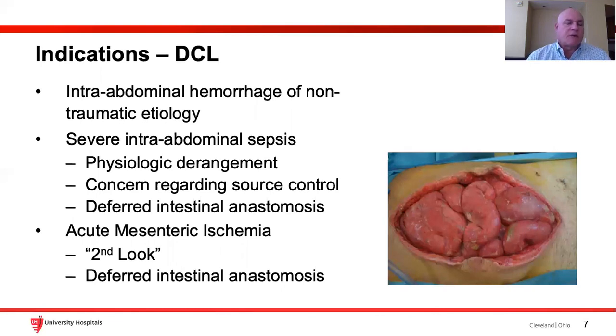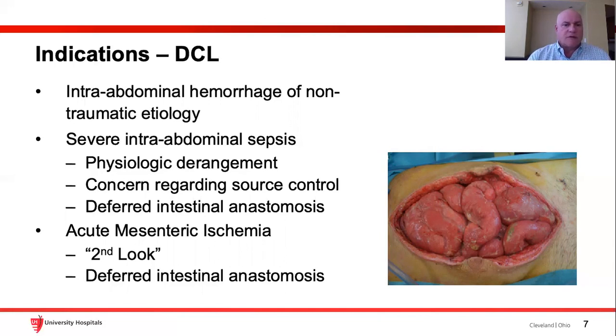Indications for damage control laparotomy in emergency general surgery are non-traumatic intra-abdominal hemorrhage, such as a visceral aneurysm rupture or a surgical misadventure. Physiologic derangement in a patient undergoing a laparotomy for severe intra-abdominal sepsis can occur and is managed similar to the trauma patient, moving back to the ICU and then a second look or re-laparotomy.